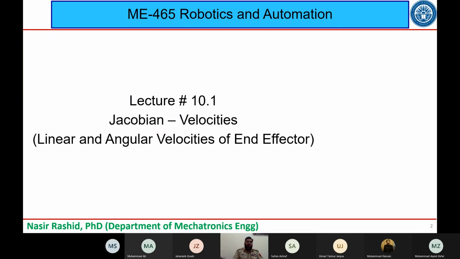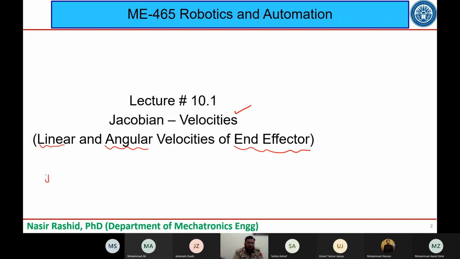All right, so we are going to talk about Jacobian today, and Jacobian is something which is going to deal with the velocities. This will be the linear and angular velocities of the end effector. In fact, Jacobian is a matrix.